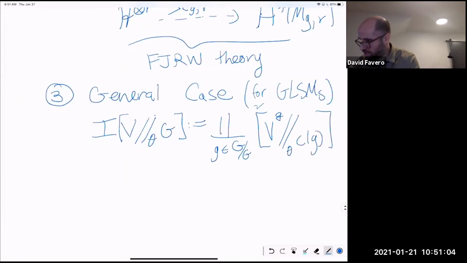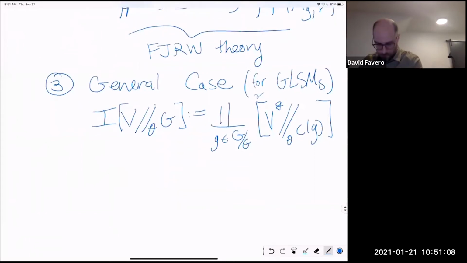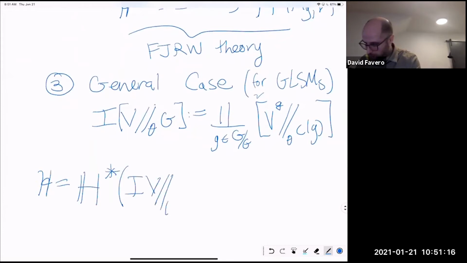Or here I just mean semi-stable mod the centralizer of g. And H is the hypercohomology on the inertia stack of the twisted de Rham complex. Sorry, the twisted Hodge complex.